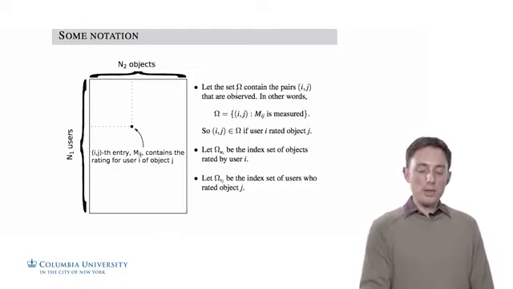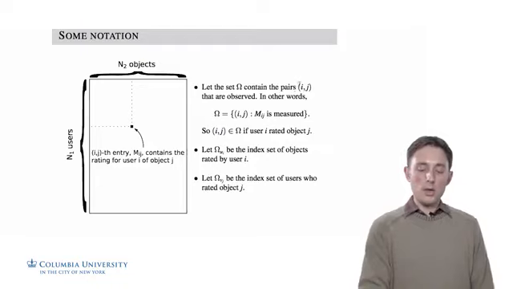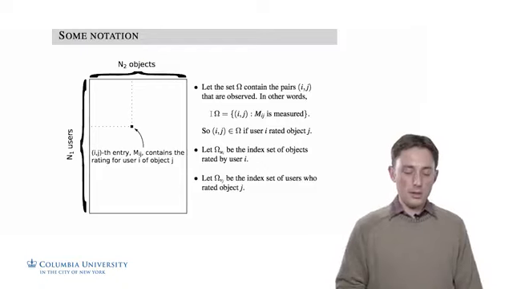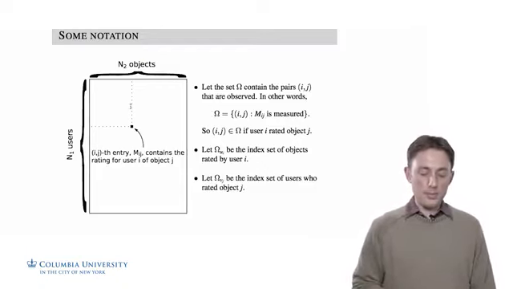So what we're going to do is let the set omega contain the pairs of all of the ratings that we have. So the pair ij is going to be in the set omega if M_ij is measured. So this set now has all of the measured index pairs from this matrix.